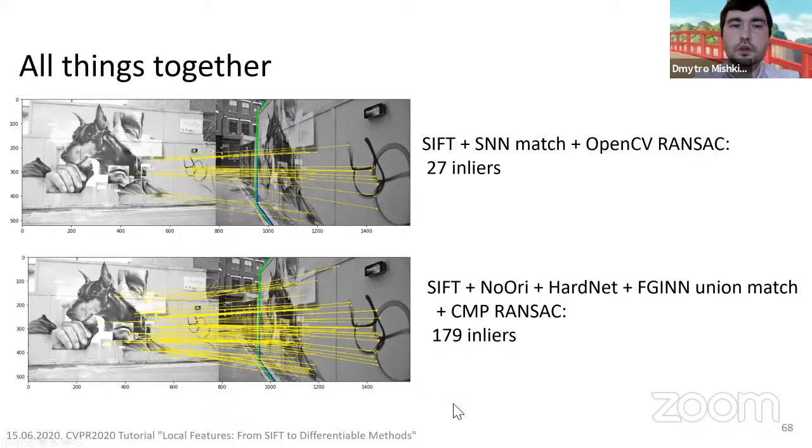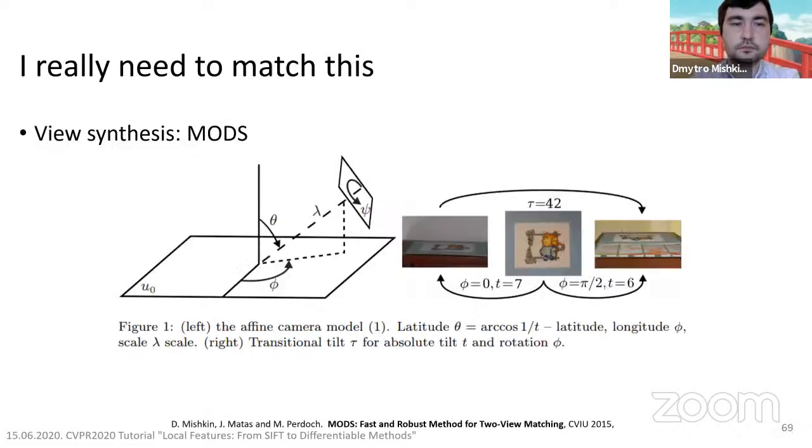Then if you just use this presentation and say, okay, I'll fix my orientation, I will use HardNet, I will use a better matching strategy, I will use better RANSAC, then you can see that your results can improve almost for free, and be much, much better.